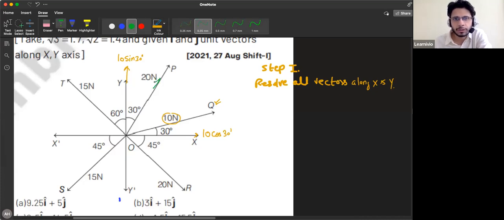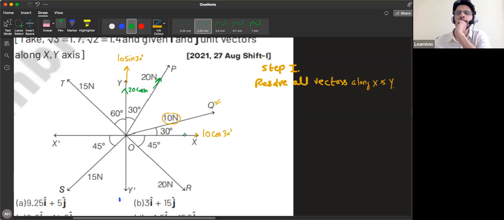See, P is along this direction and the Y component I need. Hanifa, what is the Y component of 20 Newton? 20 Newton along Y axis. 20 cos theta. Very good. 20 cos 30.